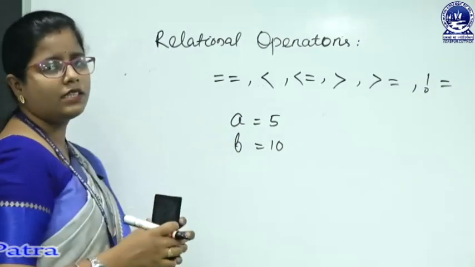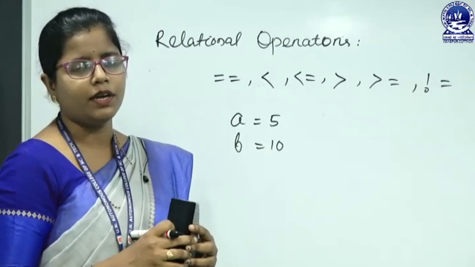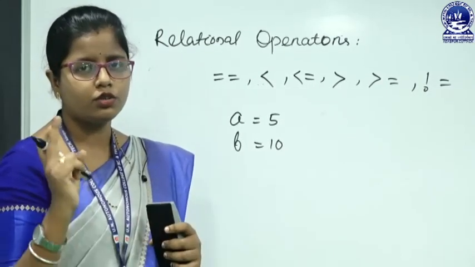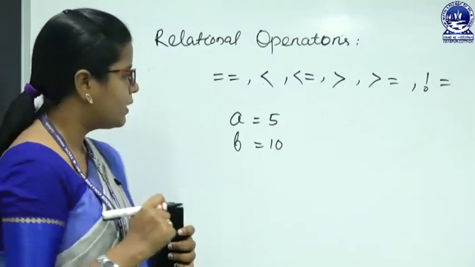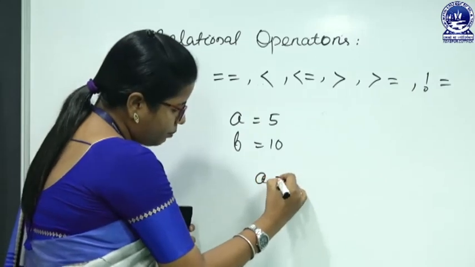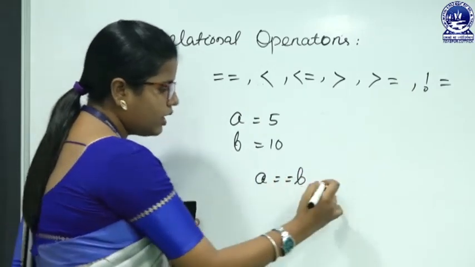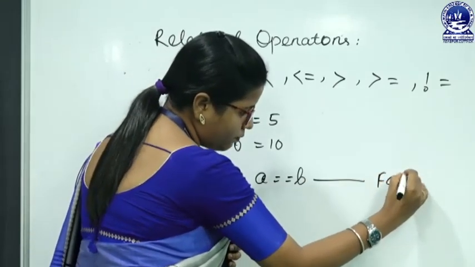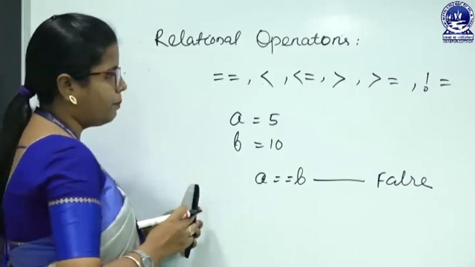These relational operators, while used in a comparison statement, will show us two results, either a true value or a false value. So, while I am comparing A with B using double equals to, it will result as false because A is not equals to B.